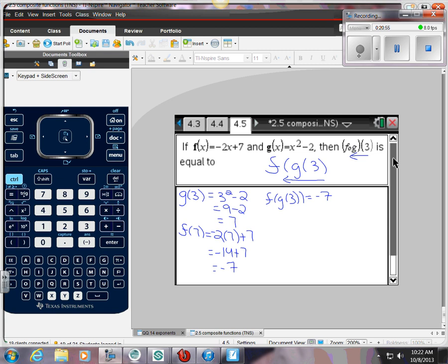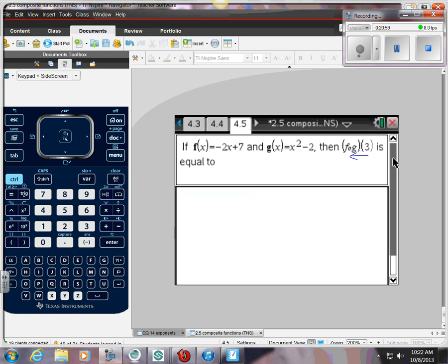If you were to do method 2, I got to make this go away. If you were to do method 2, again, g is going into f, right? So we're finding f of g of x. So you're going to have negative 2 times x squared minus 2 plus 7.